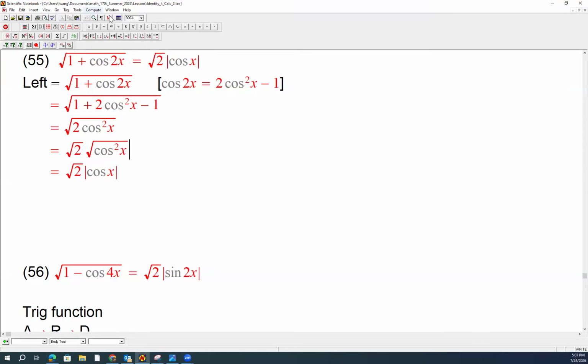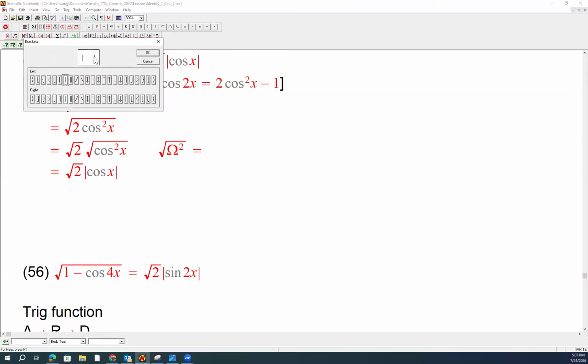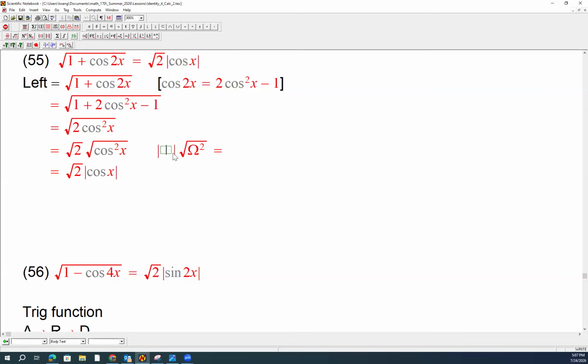Okay. Be aware that the root of x, well, let's use a placeholder, right? The root of something squared equals the absolute value of that something. Okay, so this relationship, okay?